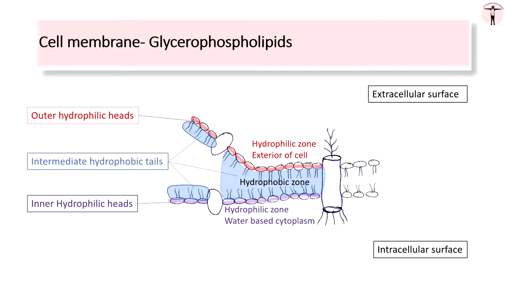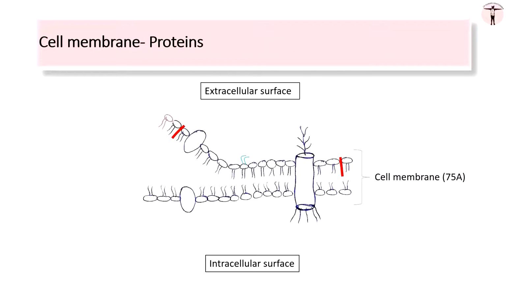Hence, phospholipids go on to form a great lipid bilayer cell membrane, separating fluid inside the cell from the fluid outside the cell.